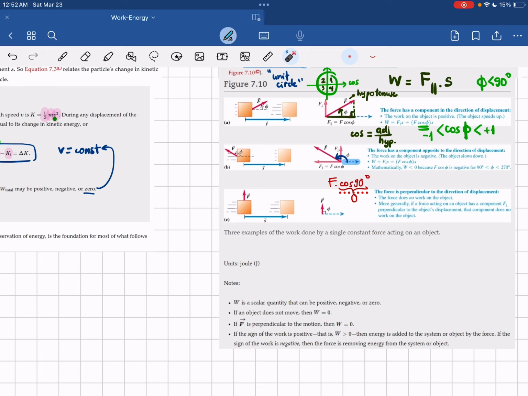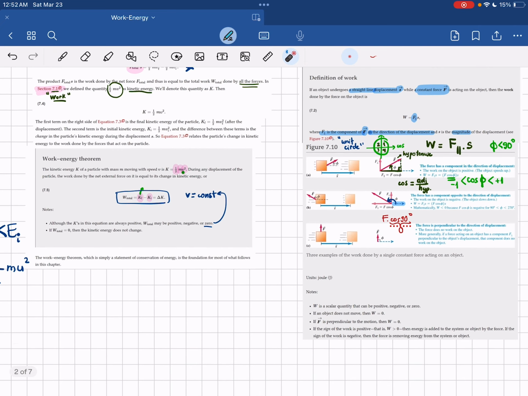So it means the object has to try harder to move forward in order to balance out the amount that was lost due to this force. So I could say yes, it makes the object spend even more energy to cancel out that loss. So it means it's removing energy from the system. Okay, so it makes sense to me.